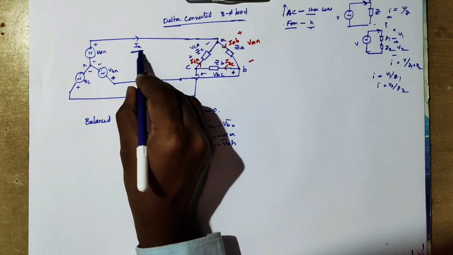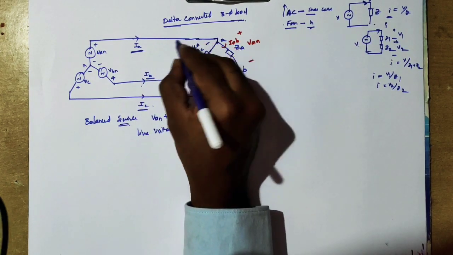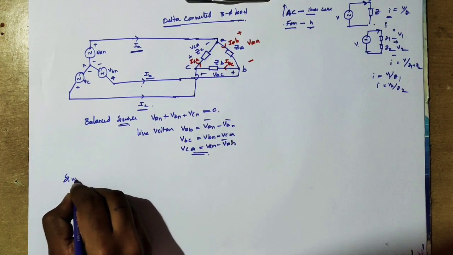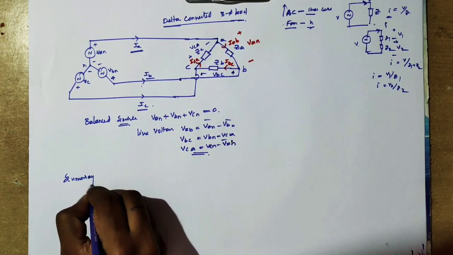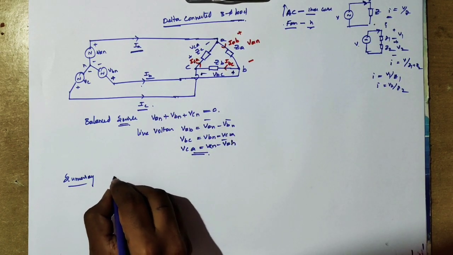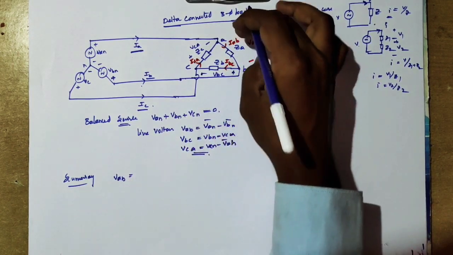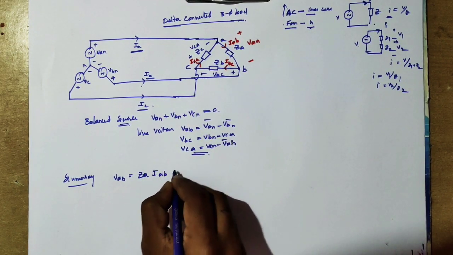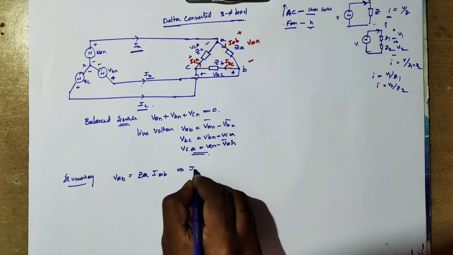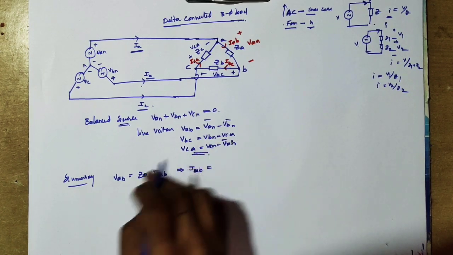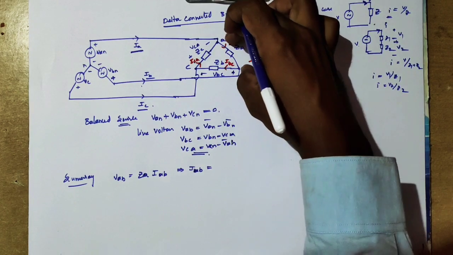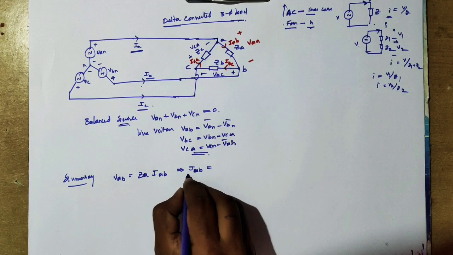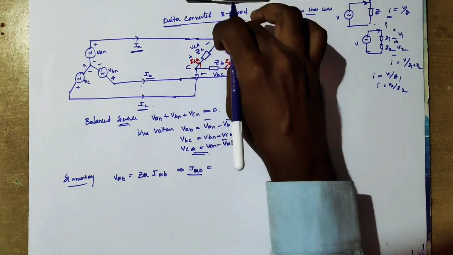If you want IA, what does the current IA mean? Let me summarize what you are observing. Here the voltage VAB equals ZA times IAB, therefore IAB equals VAB by ZA. You know the value of VAB, the voltage across this line, and the value of ZA, so you can find the current IAB, which is the phase current.